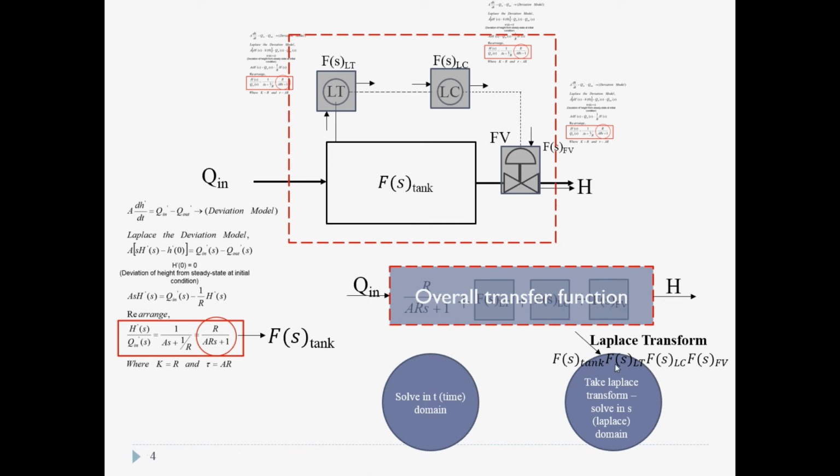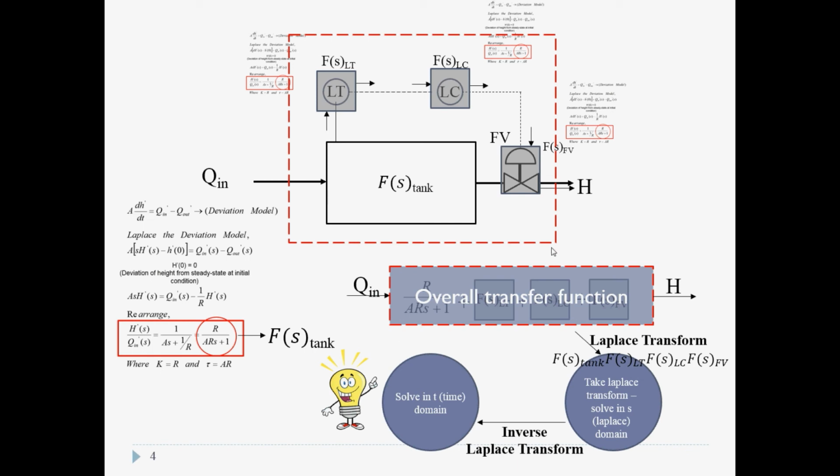It only involves basic arithmetic. And then we take the inverse Laplace transform and convert from the S domain back to the T domain with the help of our Laplace table, and we end up with a solution in terms of T, and by doing so we solve the problem.